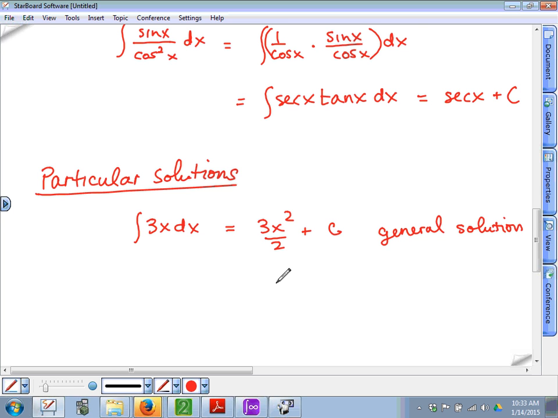Didn't we talk about that already? A particular solution involves actually finding out a value for c. And it's not just random. So c equals 2 or c equals, you have to find out a particular value for c. That's called a particular solution. You see where we're going with this? So what you need to have is called an initial condition.